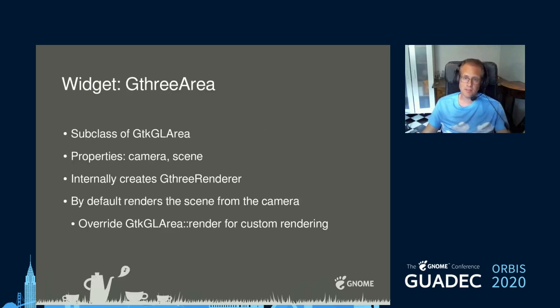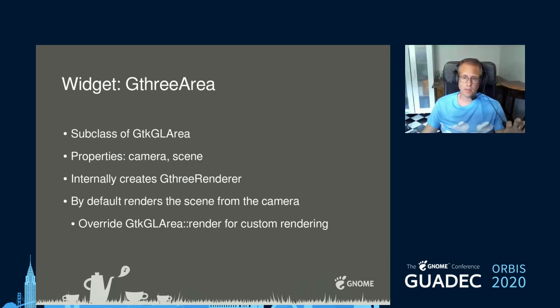Once you have these, a camera and a scene, you put them in a GThree area, which is actually a subclass of GTK GL area, the GTK OpenGL widget. It creates this renderer object, which is the main rendering object. It's more like an internal object, but it's what tracks all the state that we need to do in OpenGL.